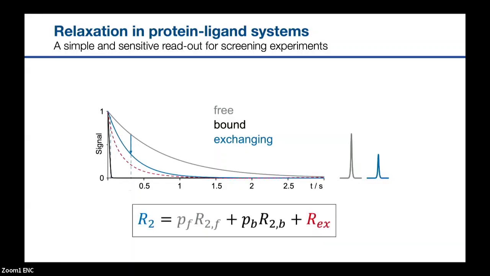Okay, obviously, this can be easily described. The blue line, essentially, this relaxation, is composed of a weighted average between the relaxation in the free state and the population weighted relaxation in the bound state. And the affinity, how strong a ligand binds, is encoded here in the population of the bound state.